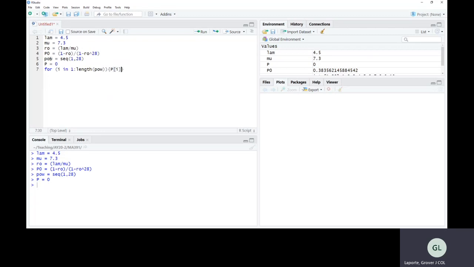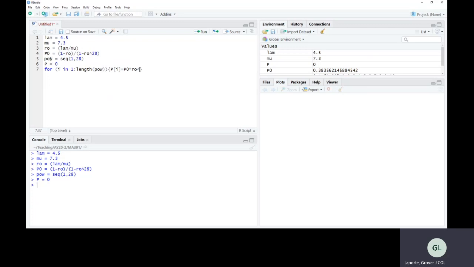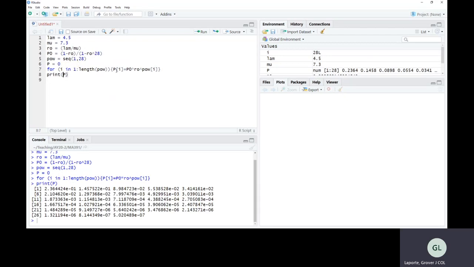So P1, I want that to be equal to whatever my initial P0 is, multiplied by rho to the power i. Let's print P. Sure, that's what we expect. Yeah, so 0.236. I think that was the next one, P1.